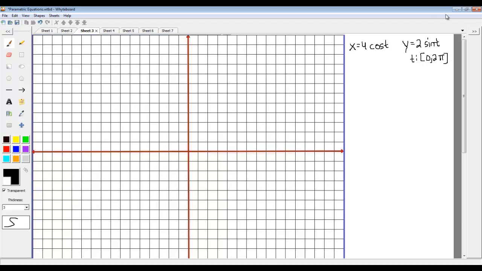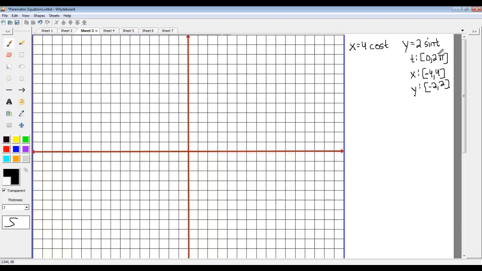Okay, so when you're taking cosines and sines, if the interval is 0 to 2 pi, that tells you a little bit. That means x can fall anywhere from -4 to 4. And that means y can fall anywhere from -2 to 2.